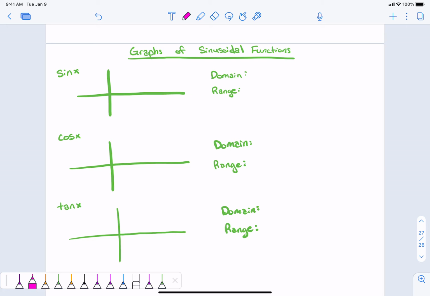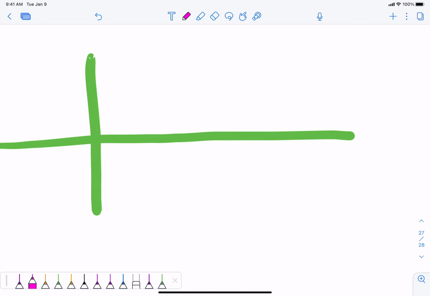We talked about sine and cosine on Friday, okay? And I'm only going to graph the first period of sine. What does a period mean? From 0 to 2 pi. It's the length of time before it starts over again.